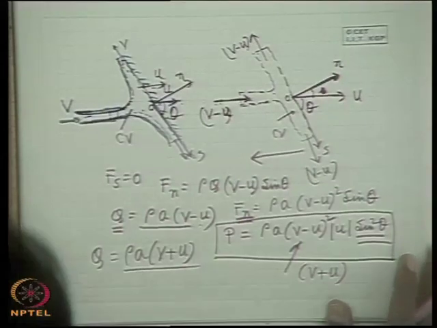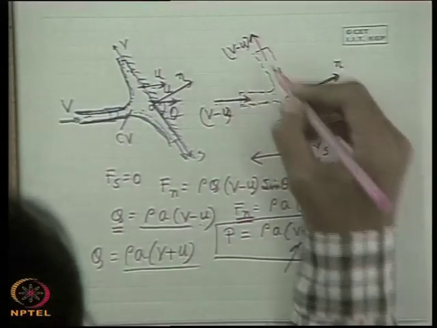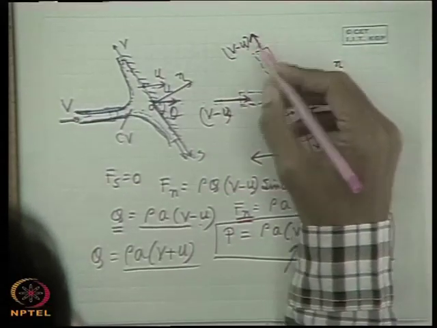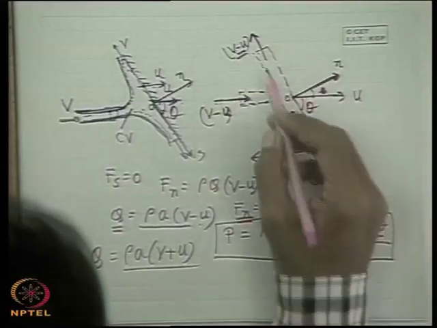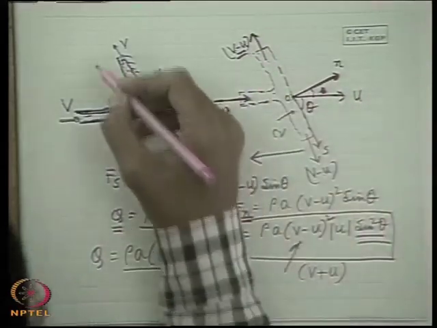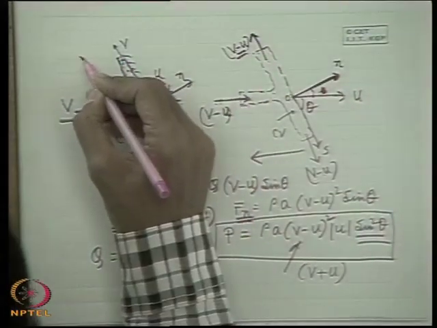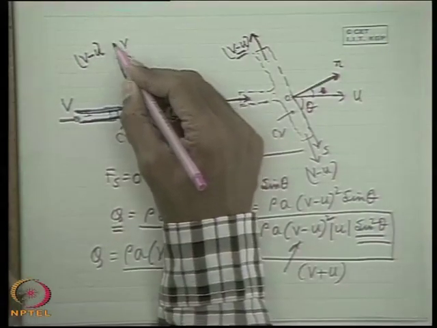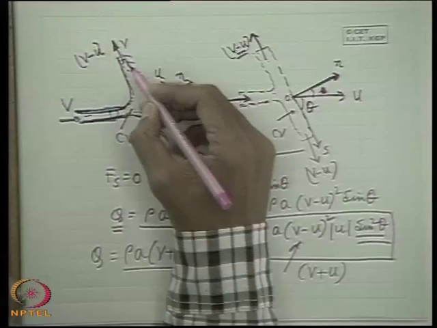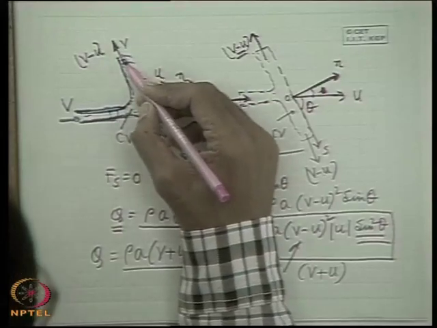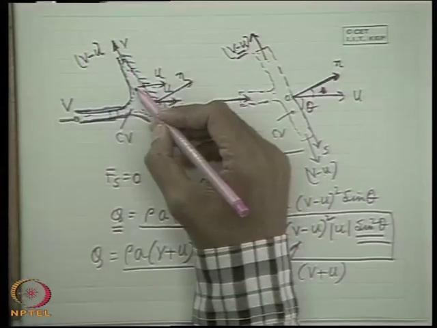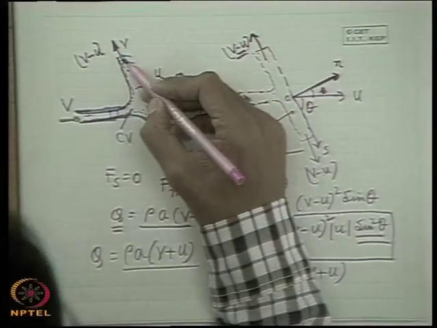Now, if you are interested, I can show you one more thing: this V minus u is actually the relative velocity of the liquid coming out from the plate. And actually, for a shockless flow, the relative velocity should be parallel to the solid surface, which means that the liquid should glide along the solid.